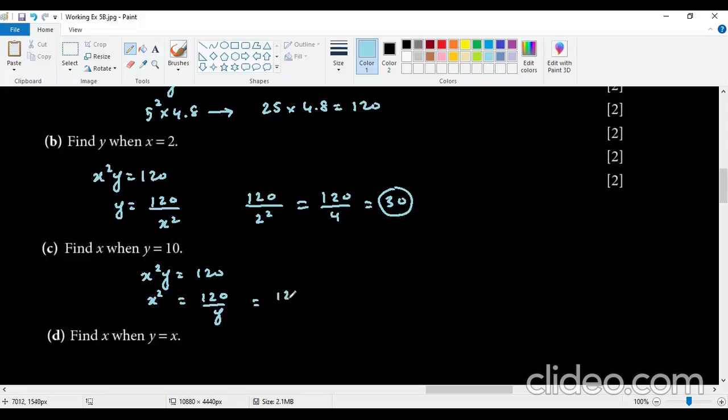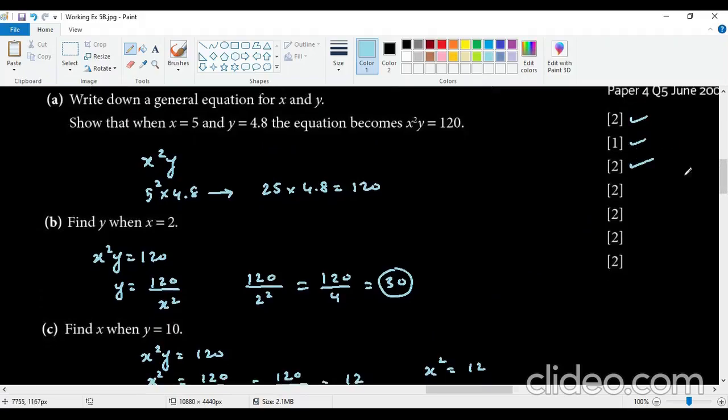That means 120, y is 10, so it's going to be 12. That means x square equals 12, and we need to find out the value of root of 12. Using the calculator you can find out very easily, it is 3.46. So the value of x is 3.46. You will get a mark for this.